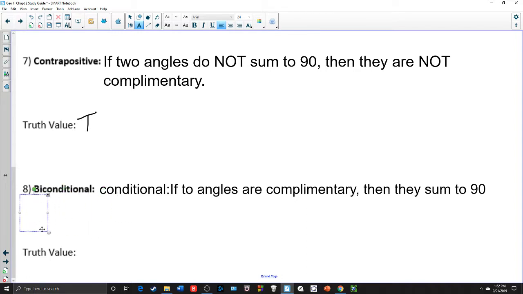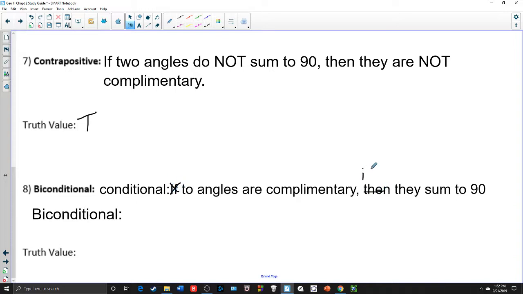So the biconditional is the same thing as the conditional, but with the if dropped and the then replaced with if and only if. So I'm going to drop the if and replace the then with the if and only if. So the biconditional would look like this.